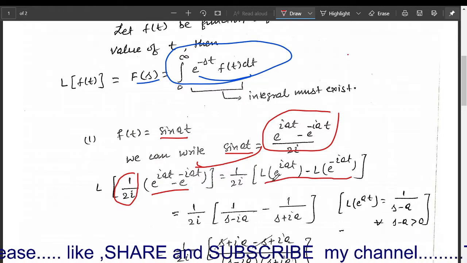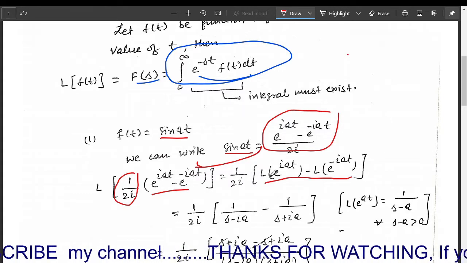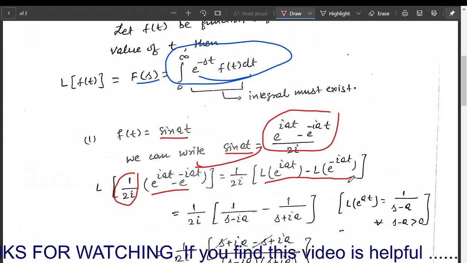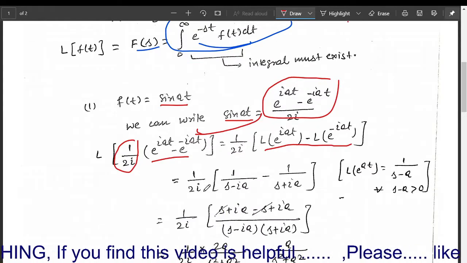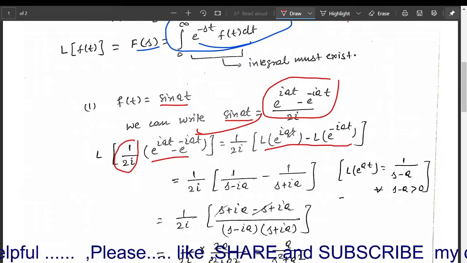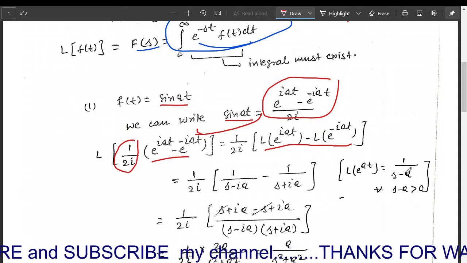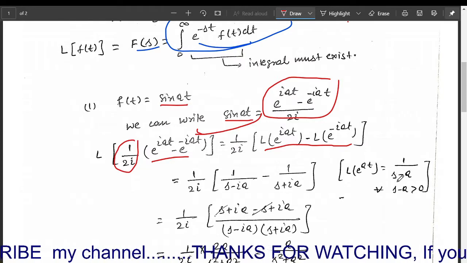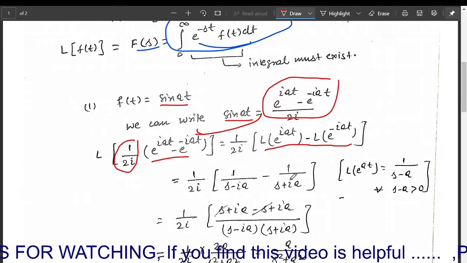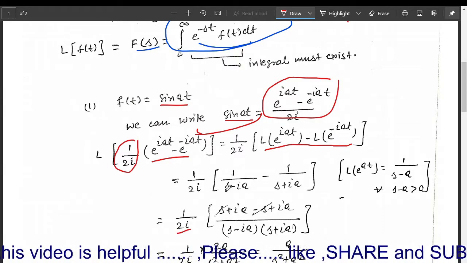So here we have 1 upon 2i times the bracket: Laplace transform of e to the power iat minus Laplace transform of e to the power minus iat. Furthermore, the Laplace transform of e to the power iat equals 1 upon s minus ia, and the Laplace transform of e to the power minus iat equals 1 upon s plus ia.